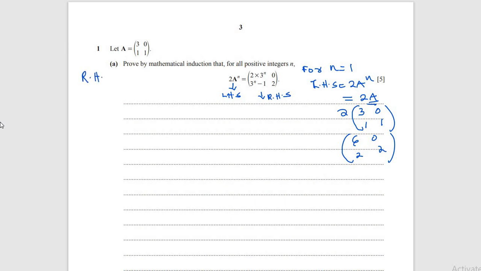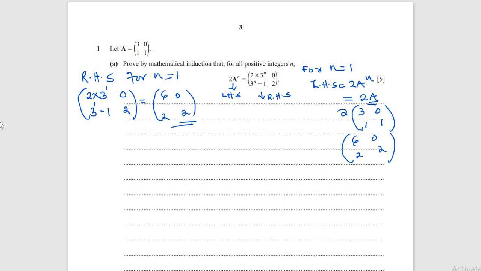Let's also see the right hand side for n equal to 1. The right hand side is the matrix 2 times 3 raised to the power n, with n as 1, then 3 raised to the power n minus 1, 0, 2. So what do we have in this case? We have 6, 3 raised to the power 1 is 3, minus 1, 2, 0, 2.